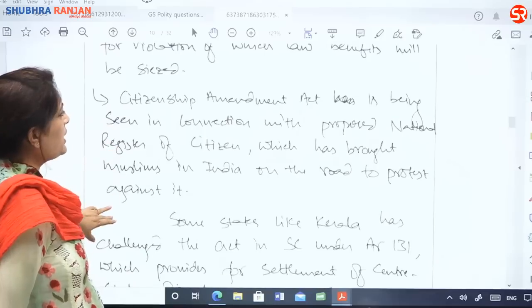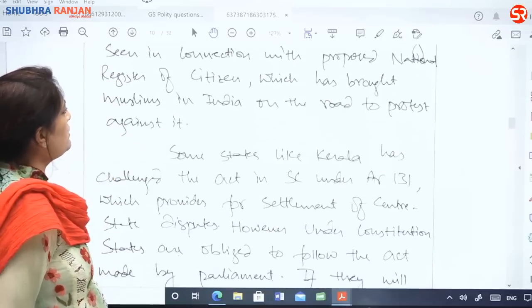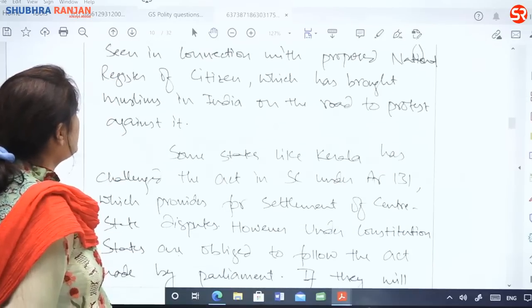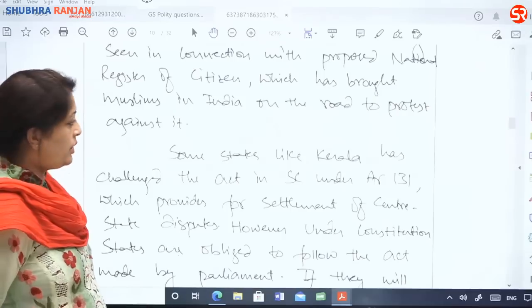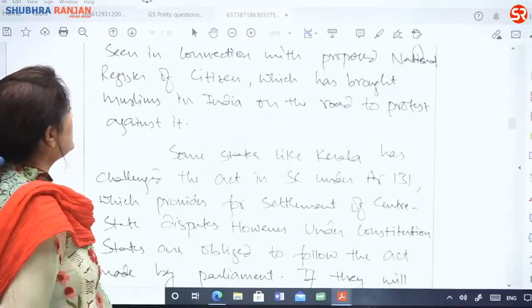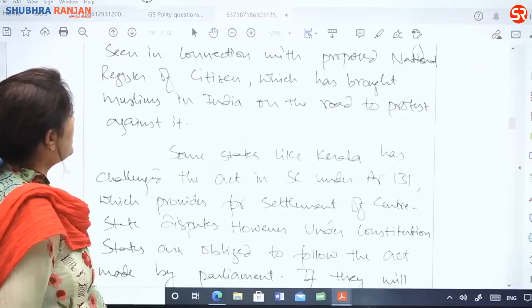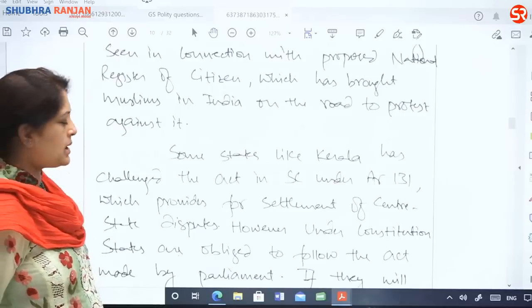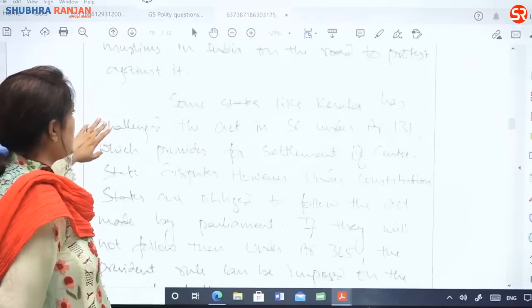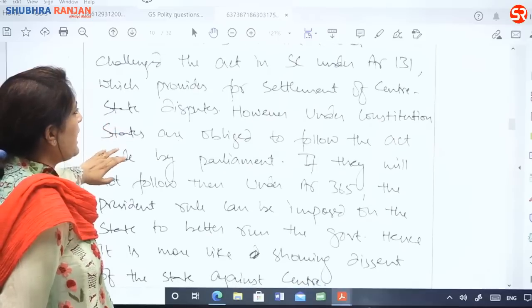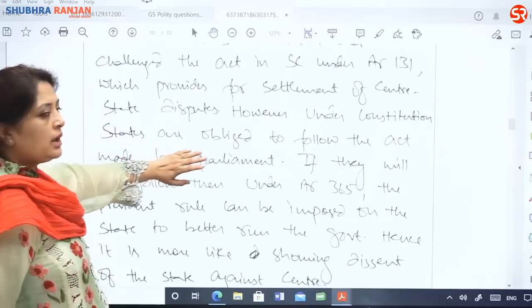The Citizenship Amendment Act has been seen in connection with the proposed National Register of Citizens, fine, okay, which has brought Muslims in India onto the road to protest against it. Some states like Kerala have challenged the act under Article 131.